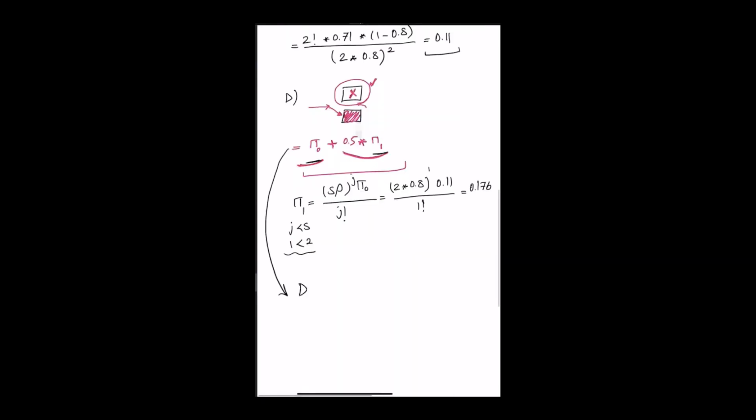S here is 2, rho is 0.8 to the power of j, which is 1, pi 0 is 0.11, over j factorial, which is 1 factorial. This is going to be 0.176. The answer to part D, which is pi 0 plus half of pi 1, is going to be 0.11 plus half of 0.176 that we just calculated, and that's going to be 0.198. So about 20% of the time, a particular server, for example this one, is idle.